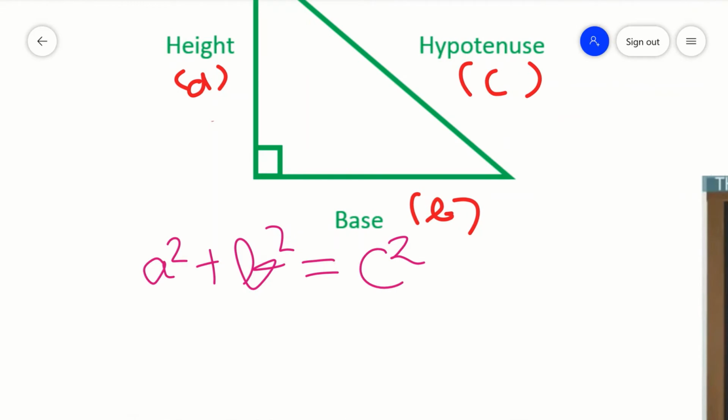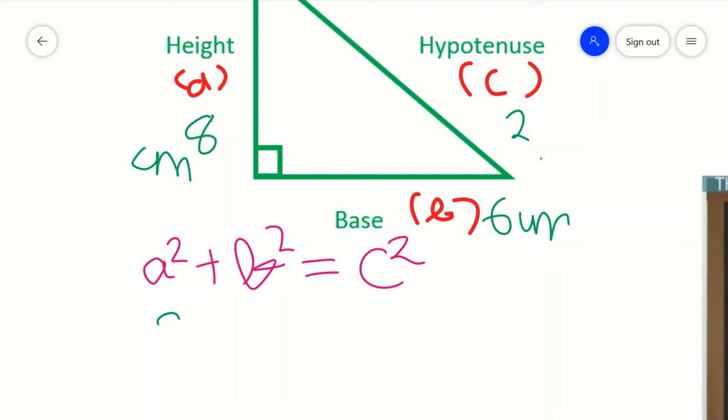Okay, so let's go with the previous sum which I asked. This was 8 centimeters and this was 6 centimeters, right? Yes, 6 centimeters, and this was what I asked you to find. So let's solve it.